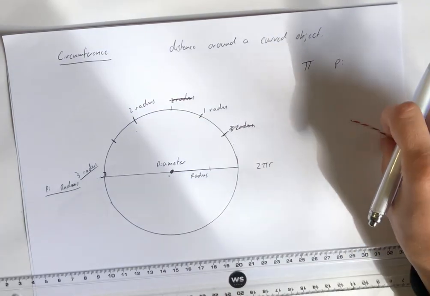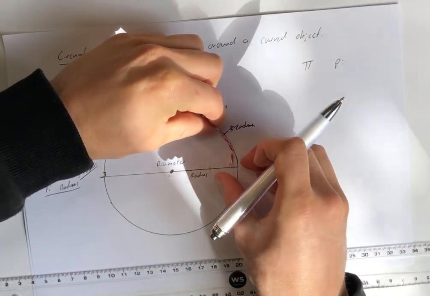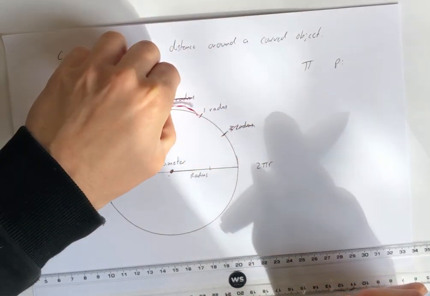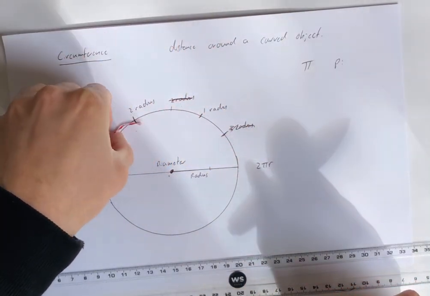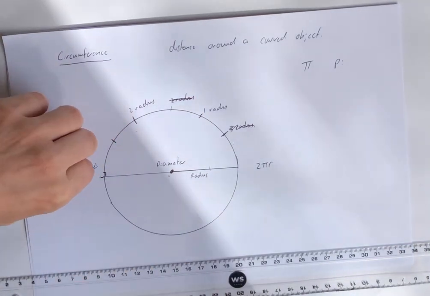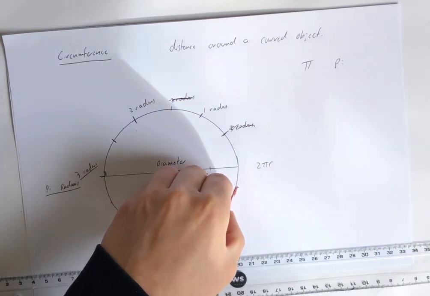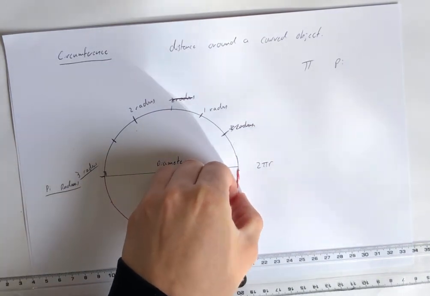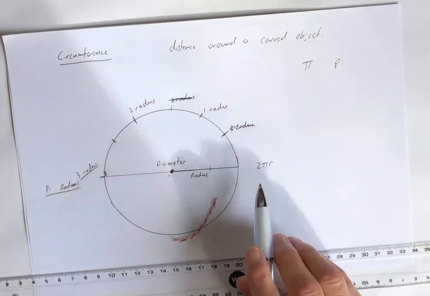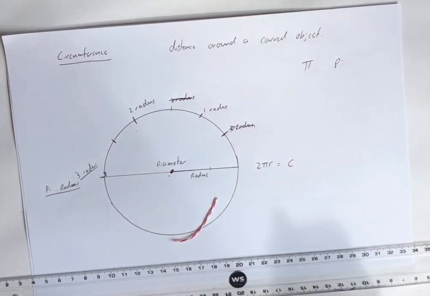So if I was to take my radius, then bend it and lay it on here, I'd get 1, 2, 3, and a bit more, call that pi. Then I've got pi and 1, pi and 2, pi and 3, and then a bit more again. So I've got 2 pi radiuses around the outside, and that is your circumference.